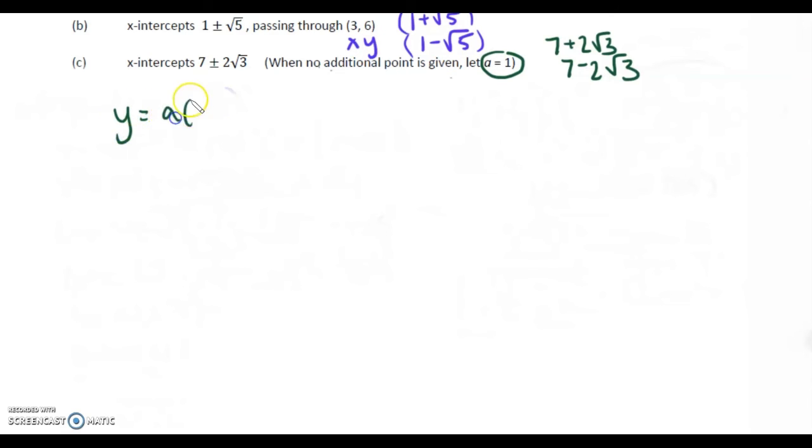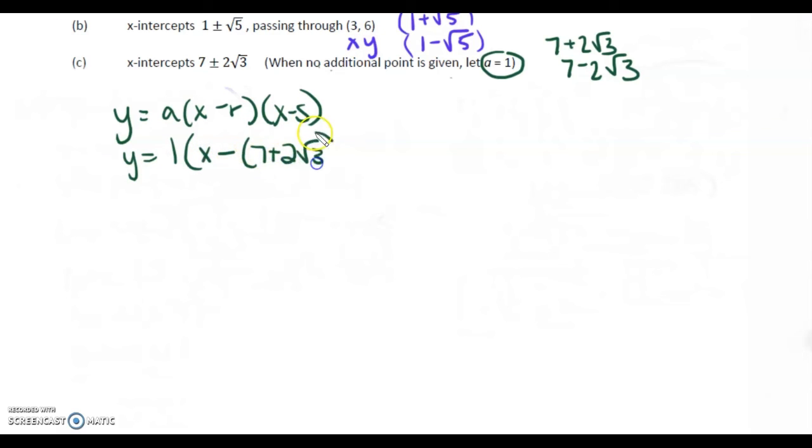If we write out the base with a equals 1, we're going to have x minus 7 plus 2 root 3, and then x minus 7 minus 2 root 3. Okay, but this one's already done for us. We don't have to actually solve, because a equals 1. So all this question wants us to actually do is put it into standard form.